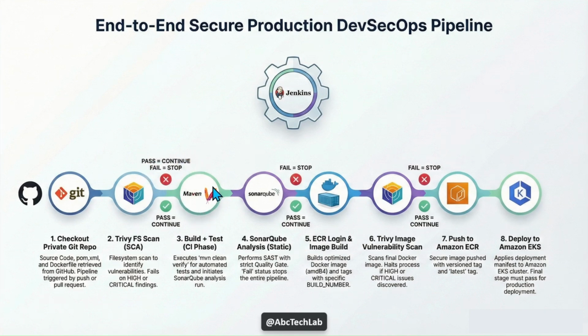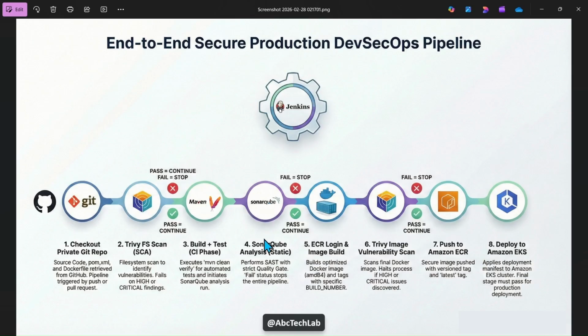When it comes to build and test, we leverage Maven to build and test the Java application. Then it will go to SonarQube analysis, which performs static application security testing, and we use quality gates to ensure standards such as minimum 80% code coverage are met before the pipeline proceeds. If it fails, then we are not going to proceed to the next step.